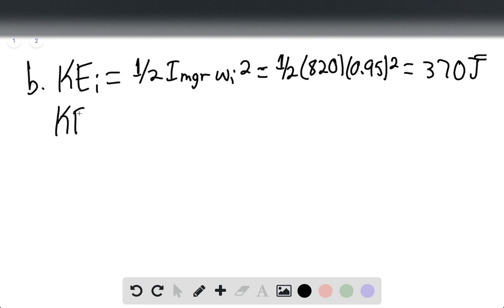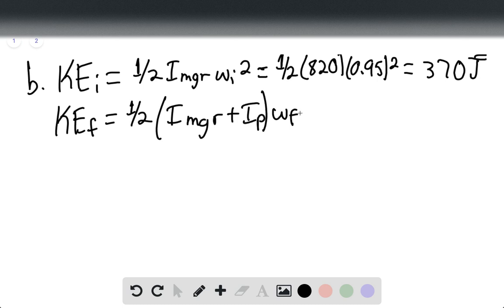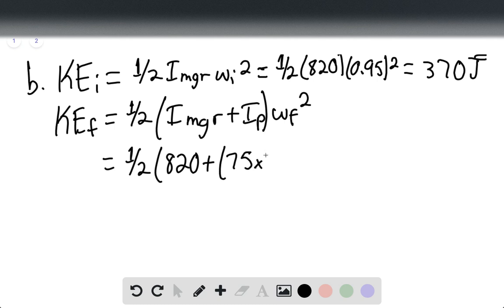Then kinetic energy final would be equal to 1/2 times the moment of inertia of the merry-go-round plus the moment of inertia of the person, times omega final squared. And we can say that this is equal to 1/2 times 820 plus 75 times 3.0 squared, times omega final squared, so 0.521 squared.